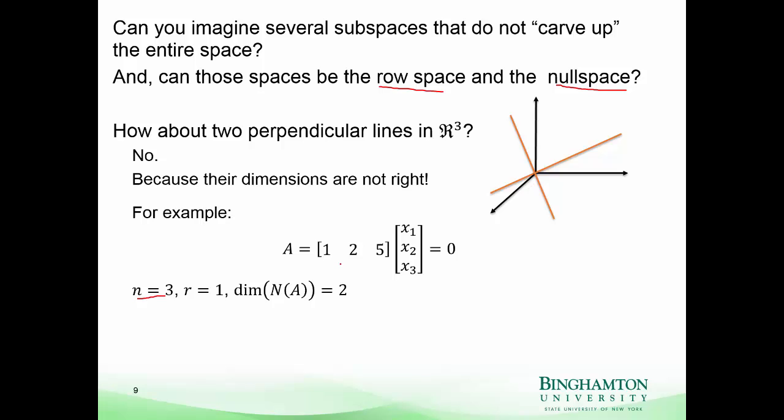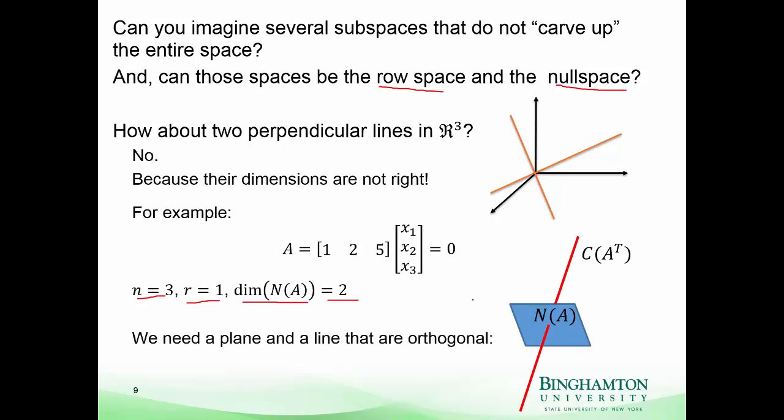We can see that two different ways. There's only one row, so the row rank is 1. As far as columns go, every one is just a multiple of the other column. So again, we have rank of 1. And so we know that the dimension of our null space is going to be equal to 2 in this case.